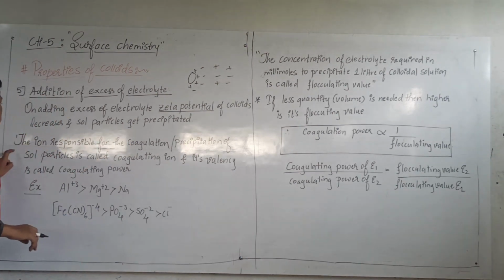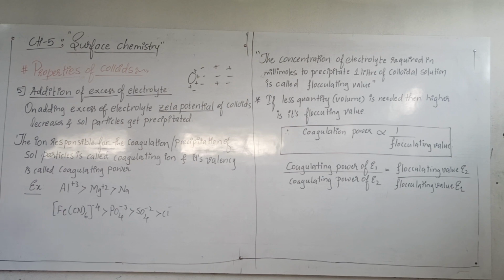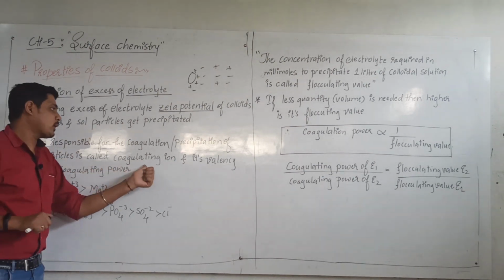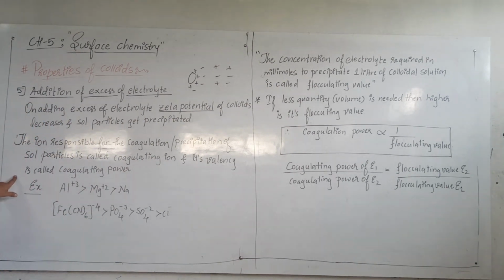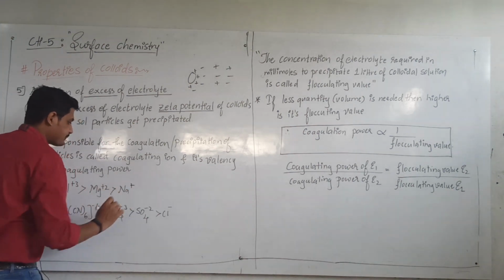Now next, the ion which is responsible for the coagulation or the precipitation of the sol particle is called a coagulating ion, and its valency is called coagulating power. If your colloidal particles are negatively charged, then positively charged ions will remove their charges.